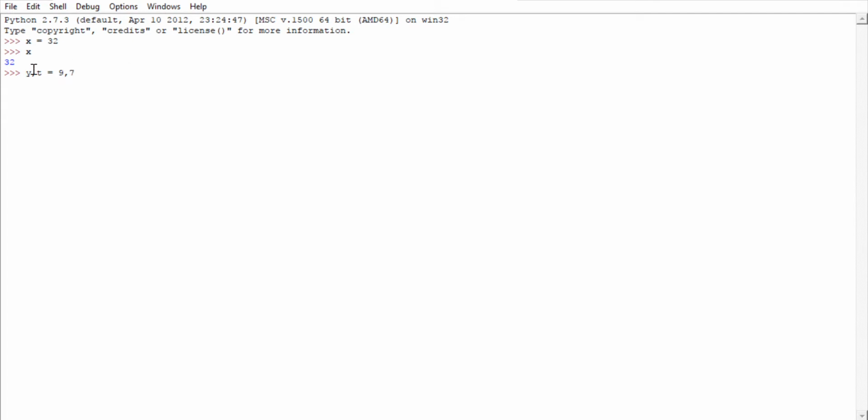Since y in this is first in the variable list, 9 would be its value since it's the first number, and this is the first one. And t would equal 7 since it's the last one, and then the 7 is the last number. So let's enter that, and it accepts it. As you can see, y does equal 9, and t does equal 7.